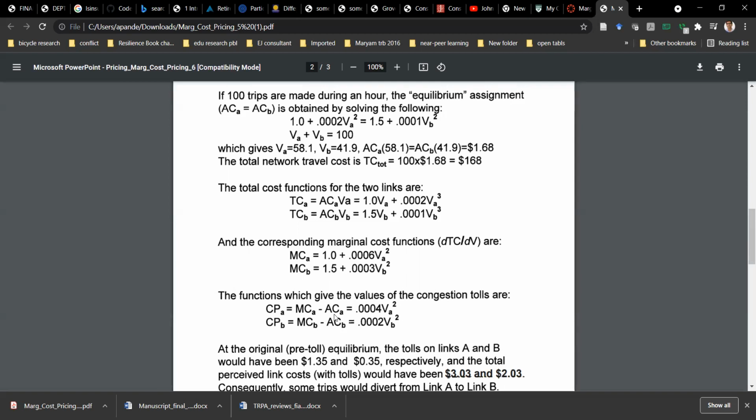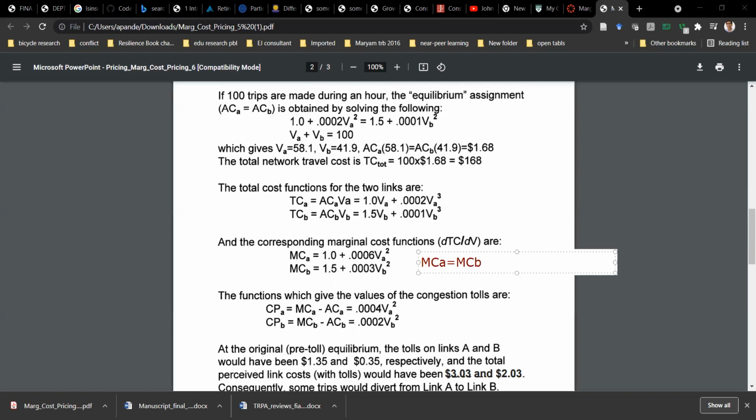Okay. Now, also, if you solve this problem where MCA is equal to MCB, just like you solve the ACA equal to ACB problem, then you can figure out what's going to be the total system cost in that scenario. Right?